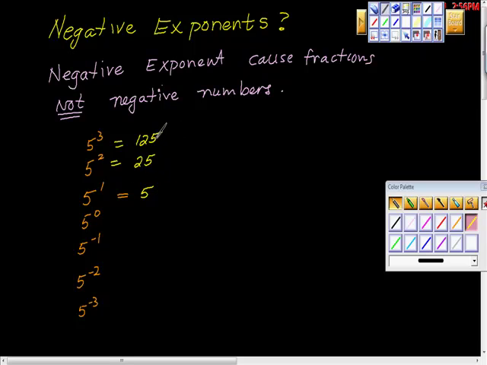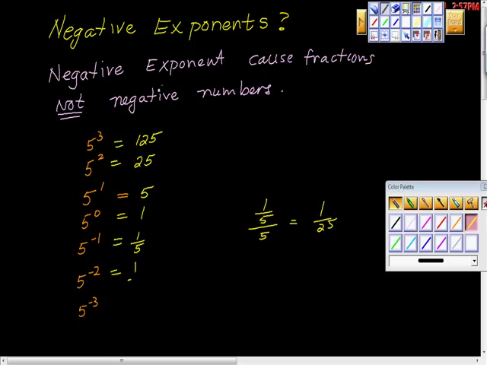Let's go to some backwards math here. 125 divided by 5 is 25. We multiply by 5, so now we're just going to divide, go backwards, right? 25 divided by 5 is 5, and 5 divided by 5 equals 1. That's interesting. 1 divided by 5 is 1/5. 1/5 divided by 5 is equal to 1/25, isn't it?